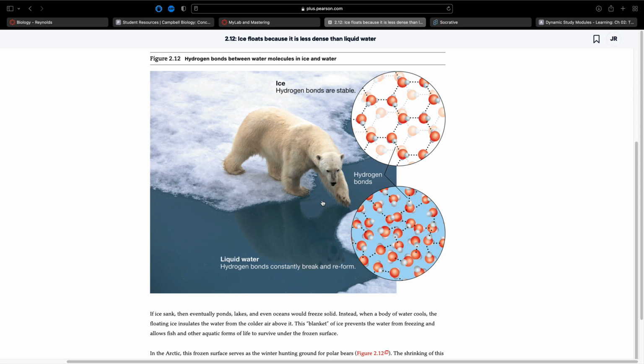Solids are supposed to be more compact, so you would think that that's the solid, but this is liquid, and this is the solid. So what happens to the water molecules as the temperatures slow down? Everything goes slower in cold temperatures. This is boiling water right here when the molecules are going really fast, but as it cools off in the freezer, they go slower and slower and slower.